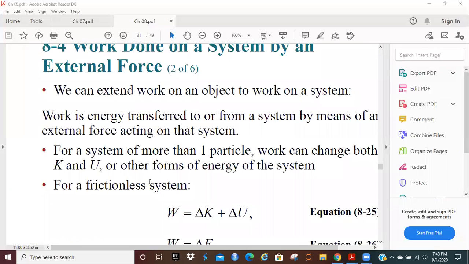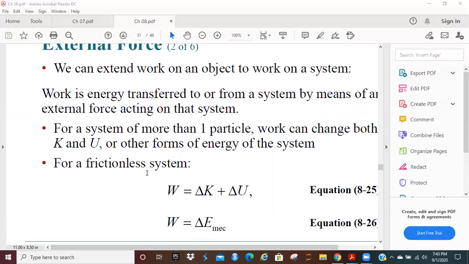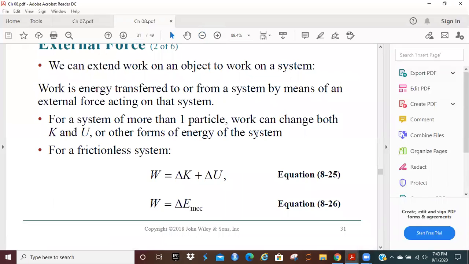So we can extend work on an object to work on a system. Work is going to be energy transferred to or from a system by means of an external force acting on that system.